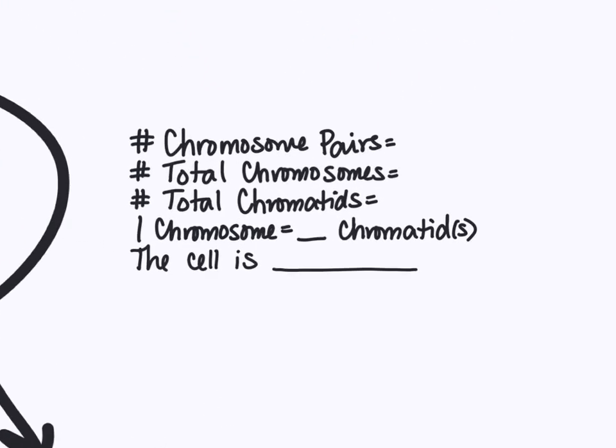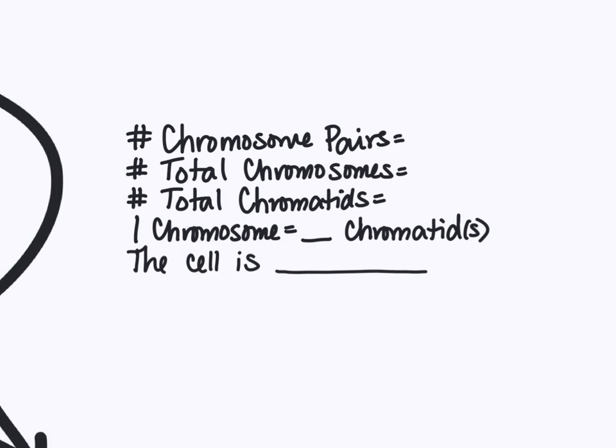So let's take a look at what we have at the end of meiosis 1. Now, first of all, for the number of chromosome pairs, remember that we separated our homologous chromosomes, so we actually no longer have paired chromosomes. So each of these cells now has a total of 23 chromosomes.